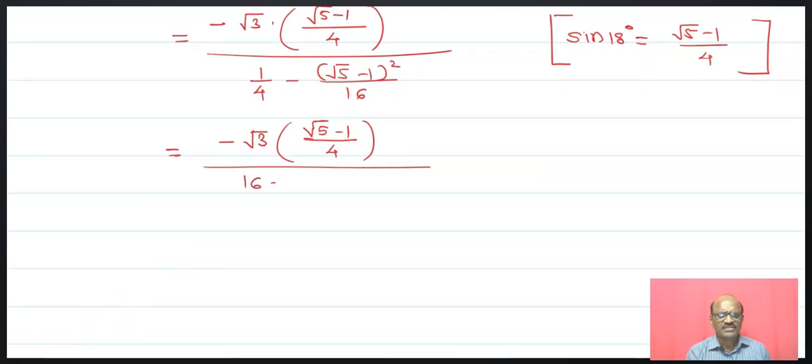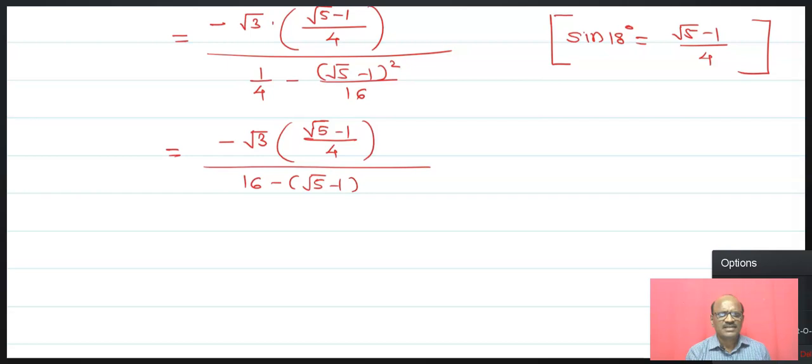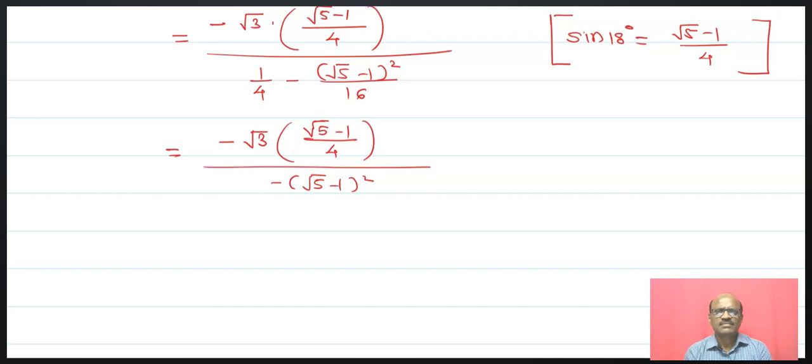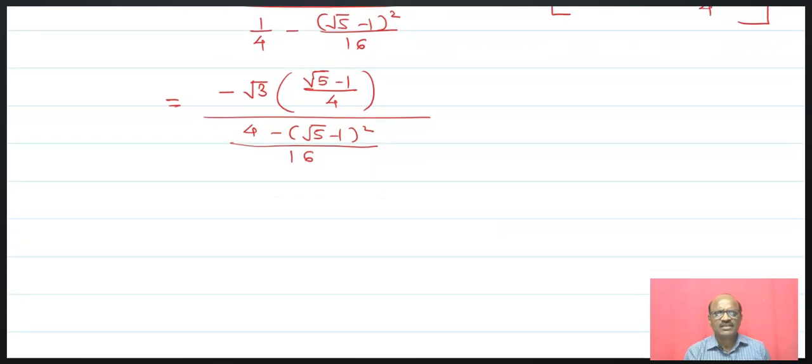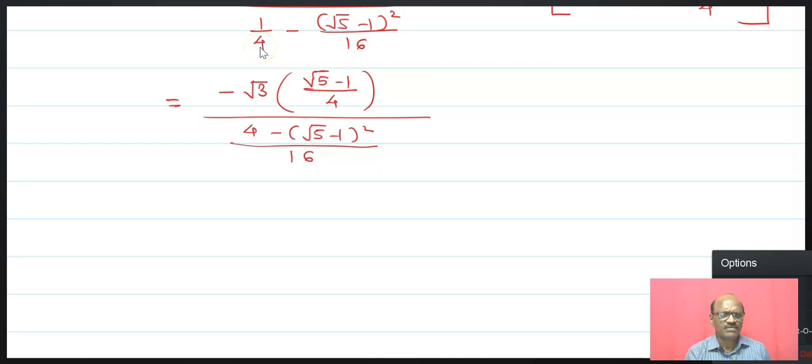Now we have the LCM here, that is, we'll multiply here, that is 4 minus root 5 minus 1 bracket square. Now what is here? The LCM is 16. Now here is a 4. Therefore, for the denominator 16, we will multiply numerator and denominator by 4.